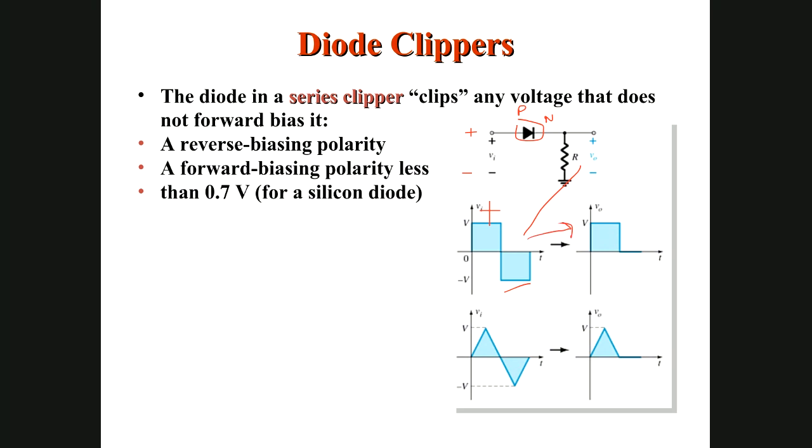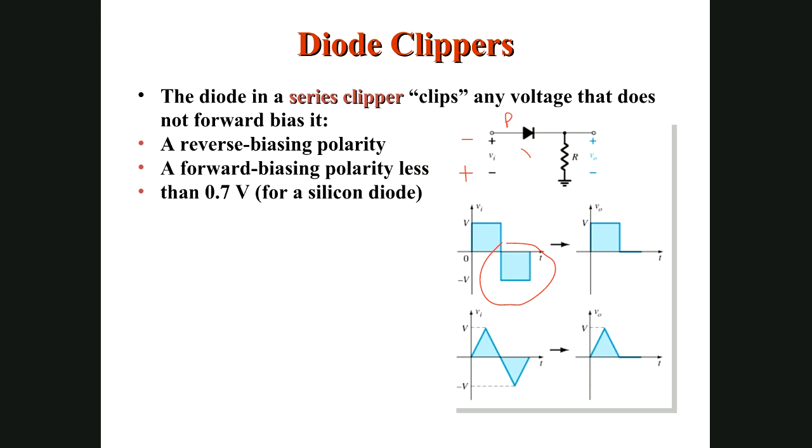But as far as the negative half is concerned, your diode is getting the opposite voltage. It means the P side is getting negative and the N side is getting positive. In this case, your diode will be reverse biased.